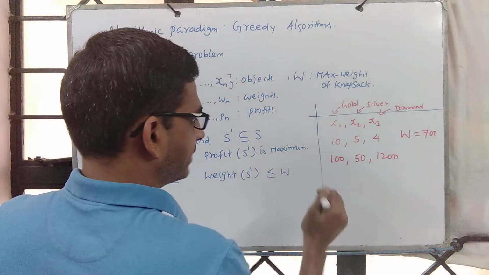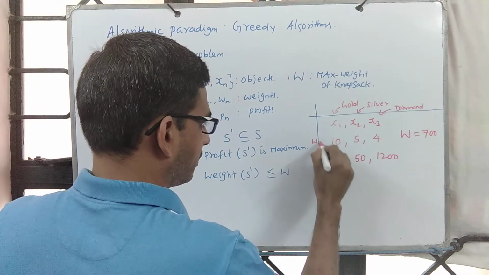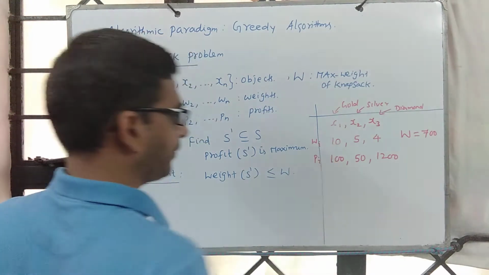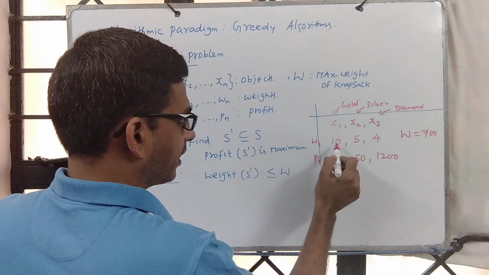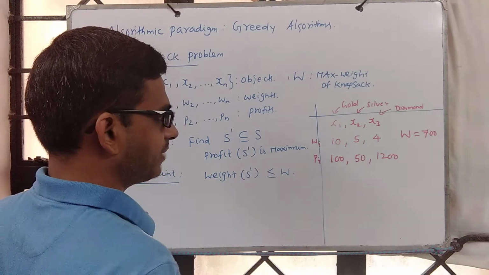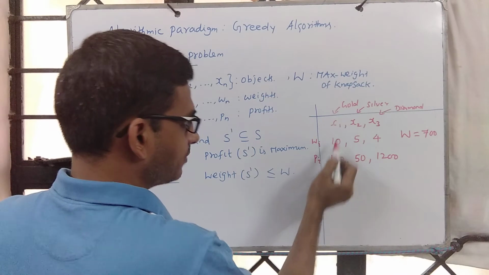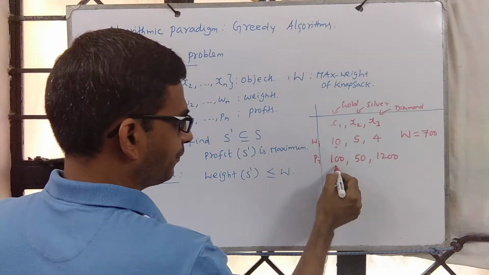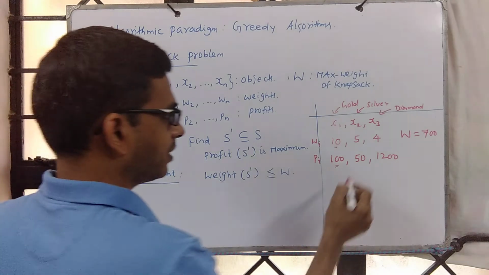So now what this says is, this is our weight, this is our profit. This is something like 10 grams, 5 grams and 4 grams. And if you include 10 grams of gold, the profit earned is 100 rupees or $100.